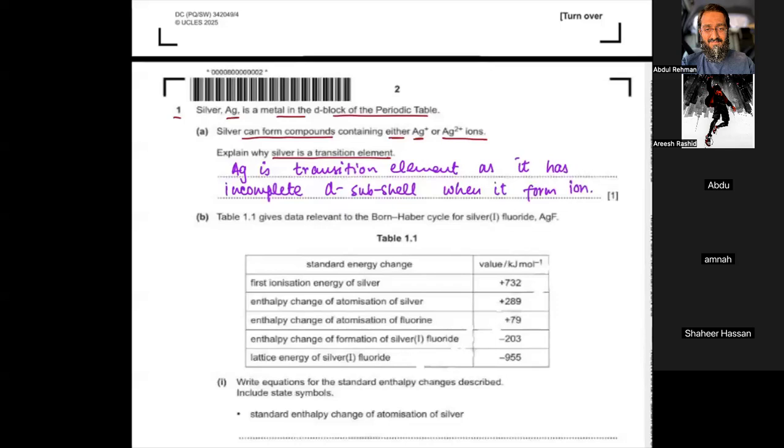So one of the ions has an incomplete d subshell, and that's why silver is considered a transition element.